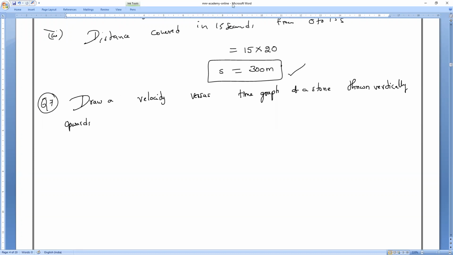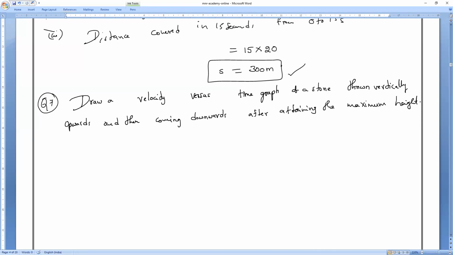It is thrown vertically upwards and then coming downwards after attaining the maximum height. Mr. Kishore, can you hear me? Yes, sir. Yeah, so that is what it is.